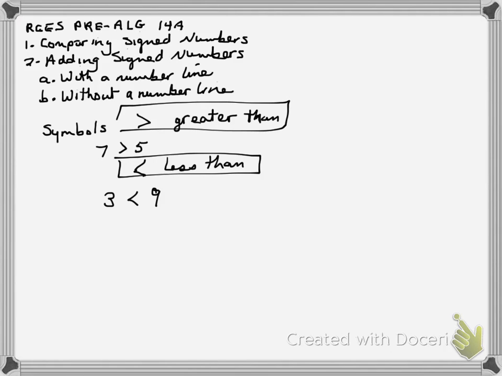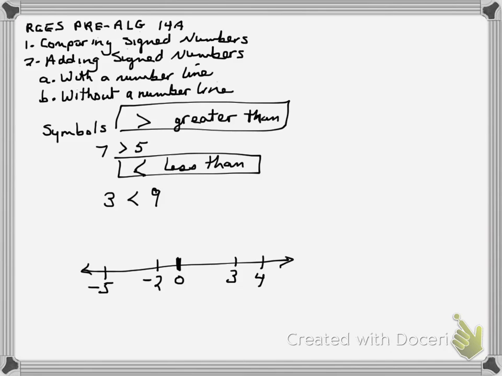And so now we want to learn how to compare numbers when we're considering negative numbers as well as just positive numbers. So if you look at a number line, the concept is fairly simple. Here I've plotted several numbers on a number line. Notice I have the 0 in the center.